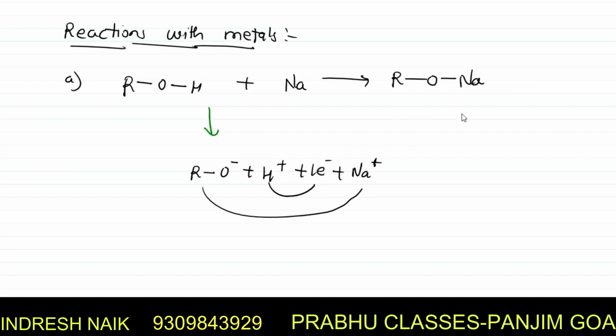So this gives me half a mole of H2 gas. Consider two hydrogens combining, two electrons will be donated. It could be written this way, or you can write it this way: 2, 2, and 2 and 1.